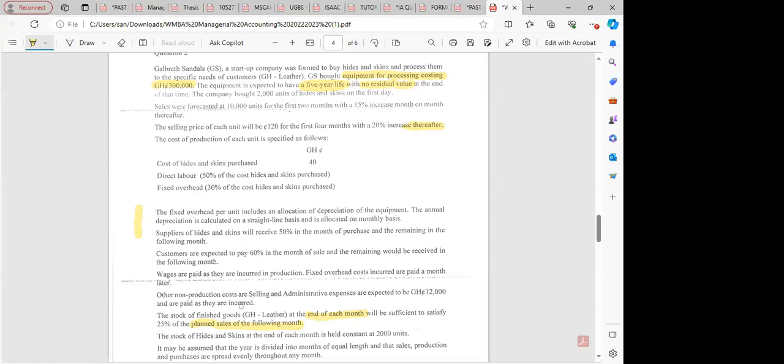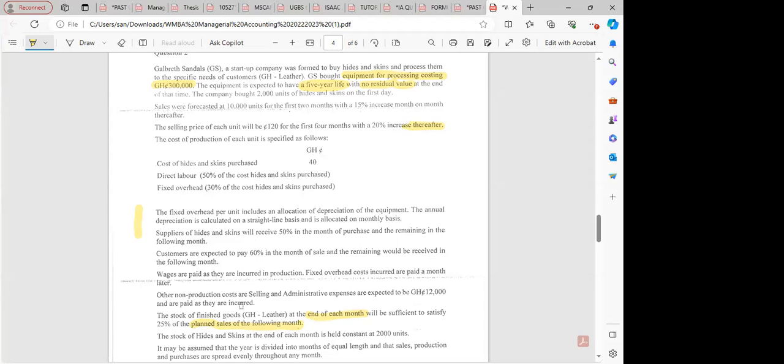So will you incur selling and administration just in a month, or will it be recurring? You have to ask yourself that question. This selling and administration will be a recurring cost. Of course, they didn't even tell you at what point in time you incurred it. It will mean that every month you would incur cost on selling, you would incur cost on administrative operations. So it will be 12,000 all throughout.